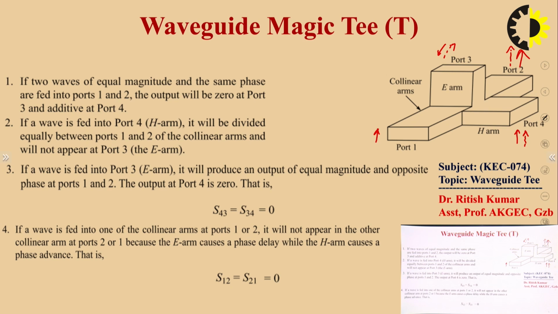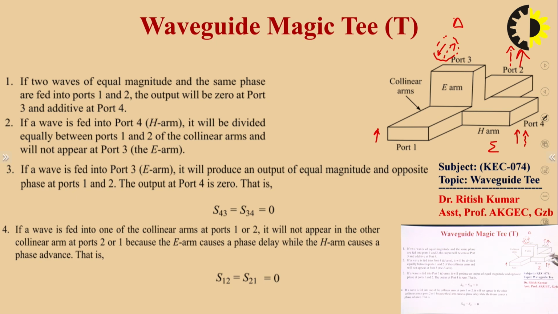I hope this one is clear to all of you. Because the two are in opposite phase, they will cancel out with each other. That's why it works as a subtractor port, which I represent with the delta. And at port number 4, the H plane port, you will get the same phase, so this port acts as an adder port or summer port.